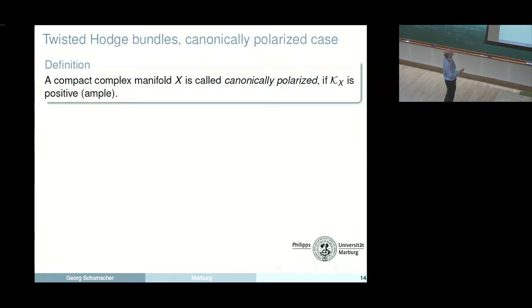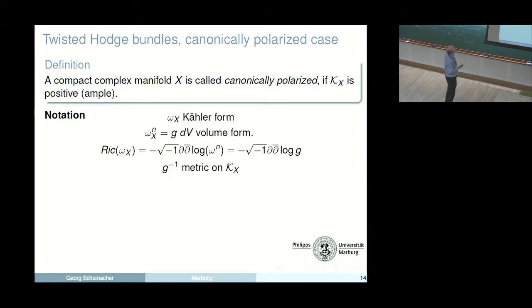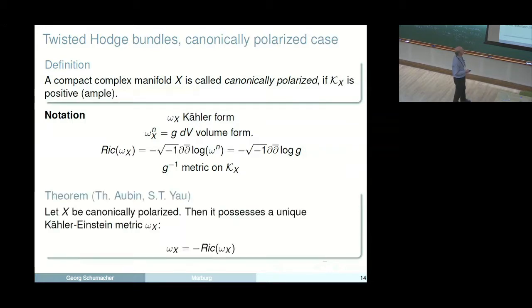So the assumption is the canonical bundle of our manifold is ample. And here are the notations. We start from a Kähler form, then we get a volume form. The Ricci form of the volume form is minus i ddbar log of the volume form, and then the inverse volume form gives us a metric on the canonical bundle.